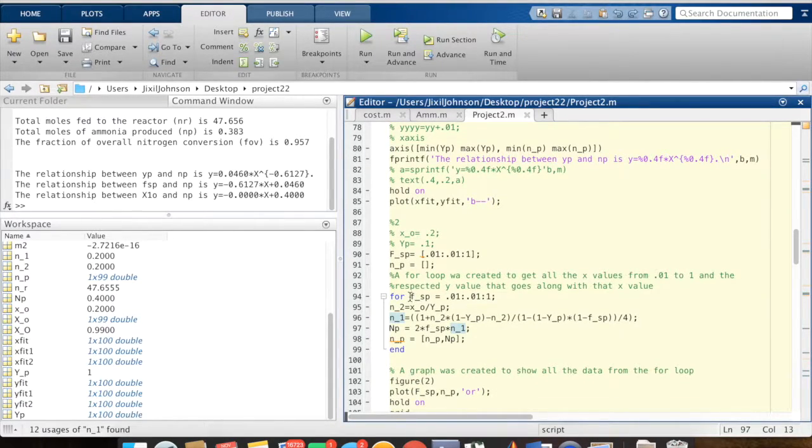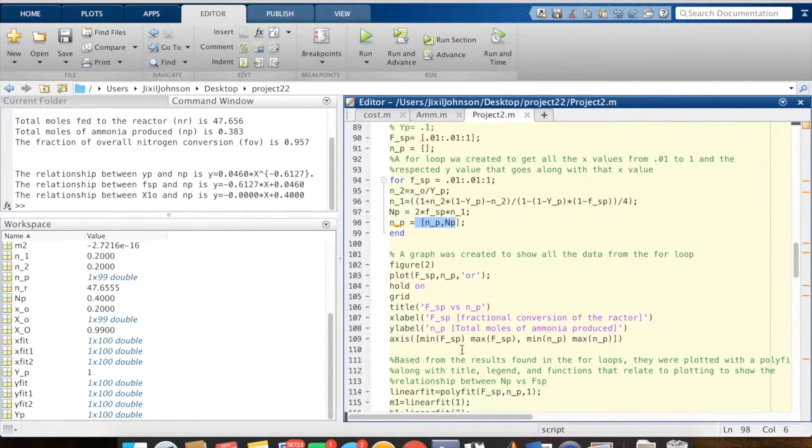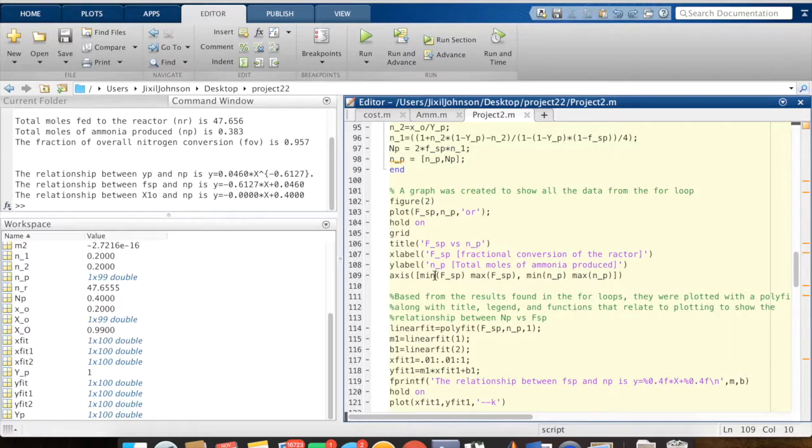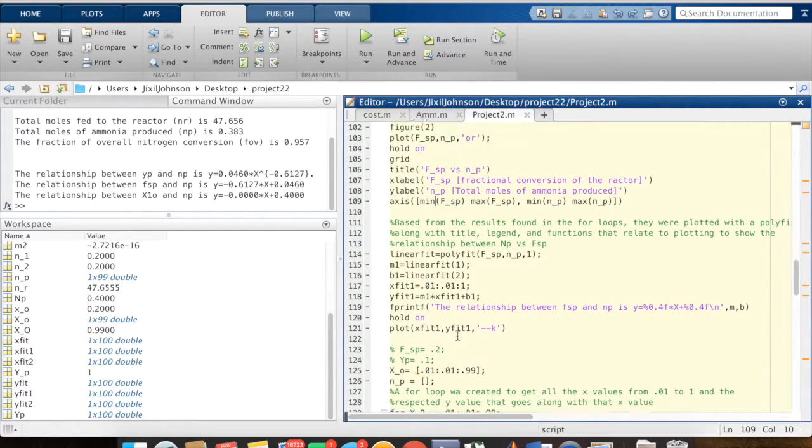So we have fsp in the for loop going from 0.01 to 1, calculating n2 and n1, getting a new value of np, putting it right next to the old value of np, creating a 1 by 100 matrix, and plotting it, and linear fitting with polyfit, which was a linear function, of fsp and np, getting the slope and the y-intercept.